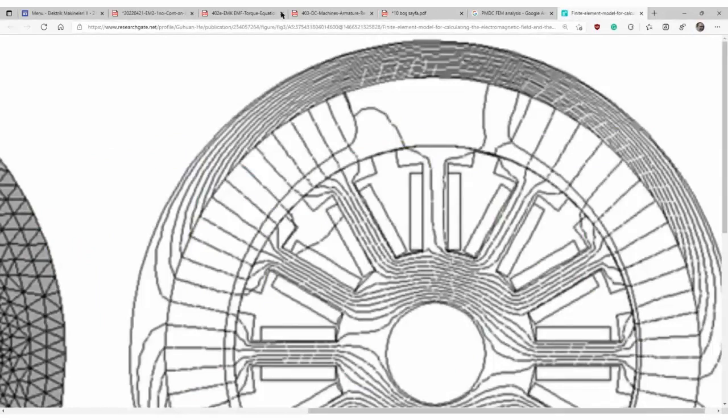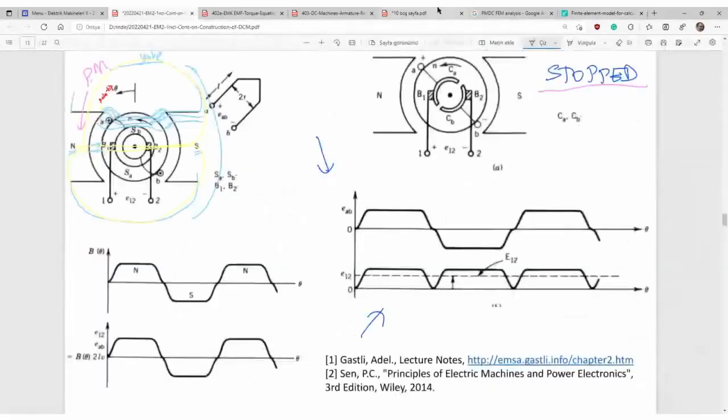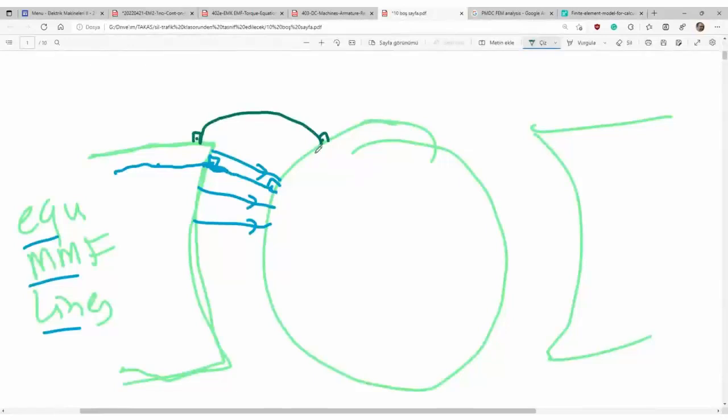We assume that here's an equipotential line. Here's the equipotential line. The MMF line will be like this. Here it would be like this. It depends, in fact, on the MMF line. If there's an equal potential in the MMF, the flux lines will be perpendicular.